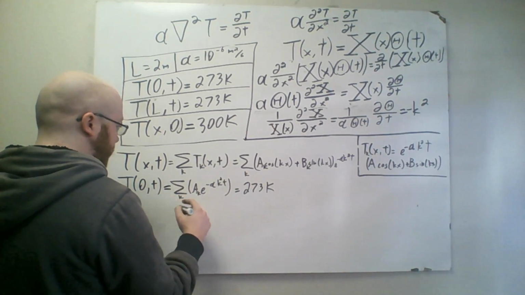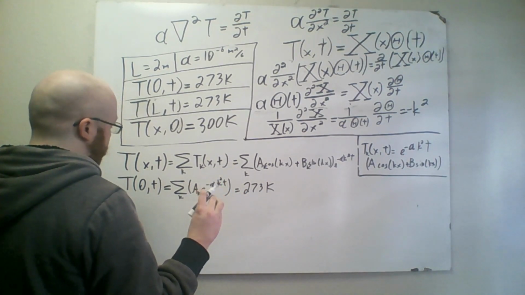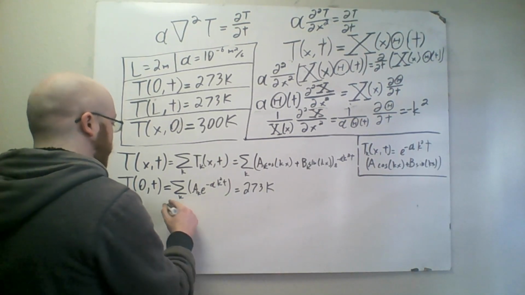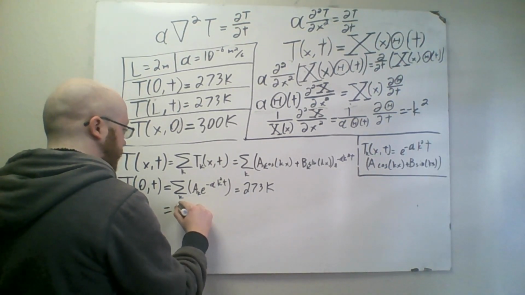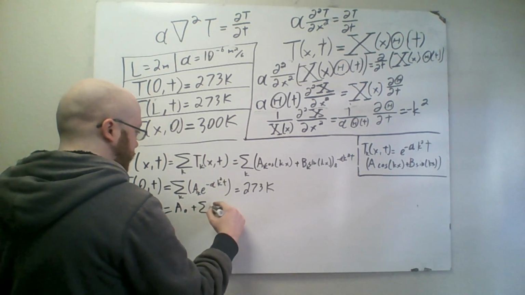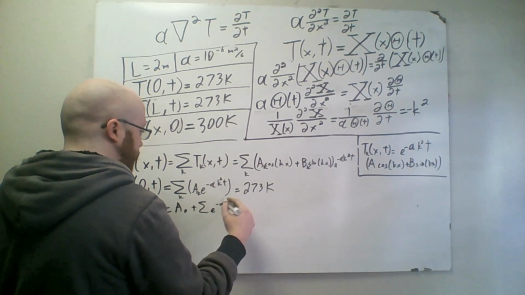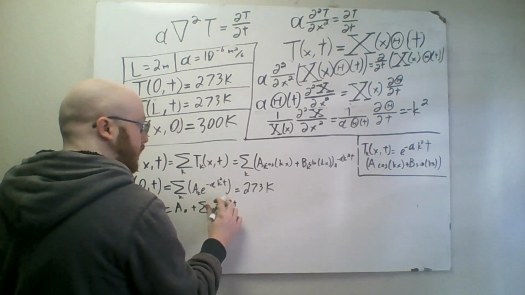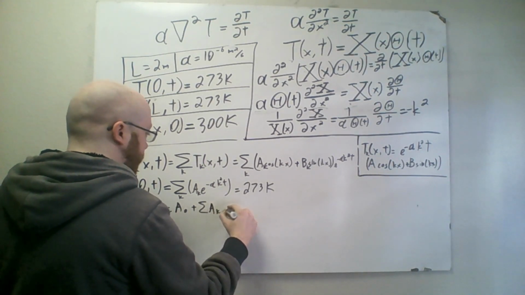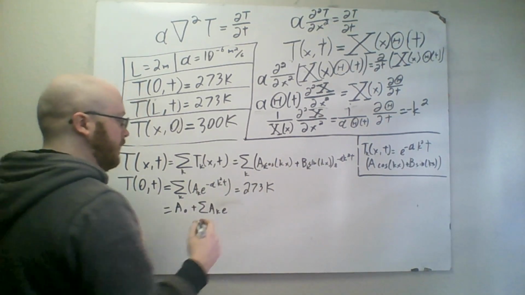We plug this in. We pretty much have to do a few things. First off, we need k to be 0, right? So I'm just going to pull that out. A0 plus the sum of the negative alpha k squared times A_k. Remember, this A is basically the cosine coefficient.